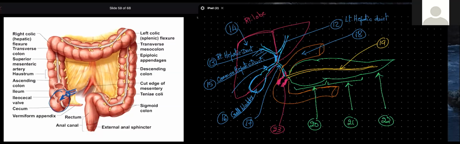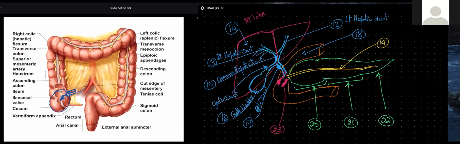This is my cystic duct. The duct that gets formed from the fusion between the common hepatic duct and the cystic duct, this is my bile duct or my common bile duct. Any of them is going to be a description of the duct.